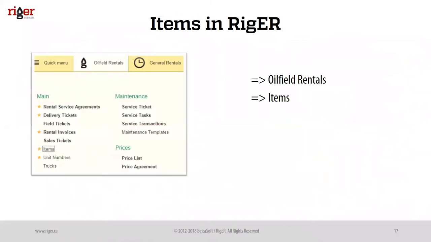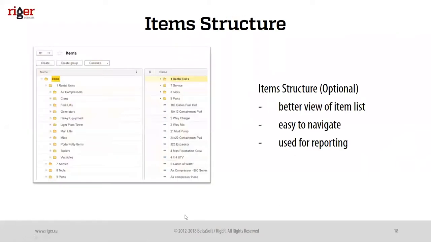Items in RigER can be reached when you go to Oilfield Rentals and Items. We provide the ability to build a structure of the items. Usually we separate rental units, services, parts, tools, and other categories, because those categories give us a better view of the item list.